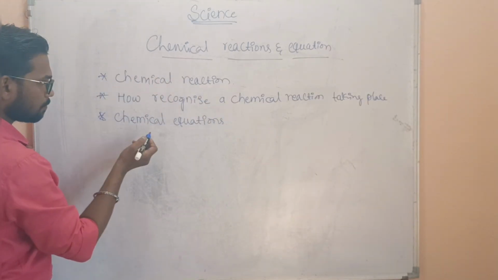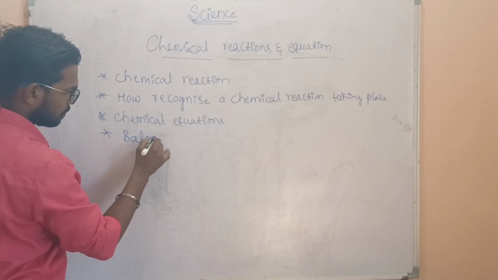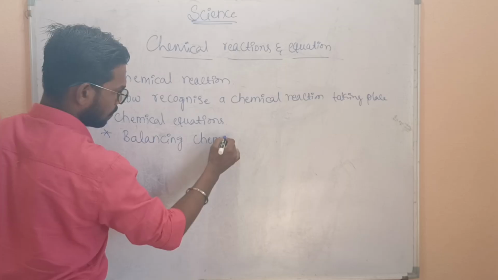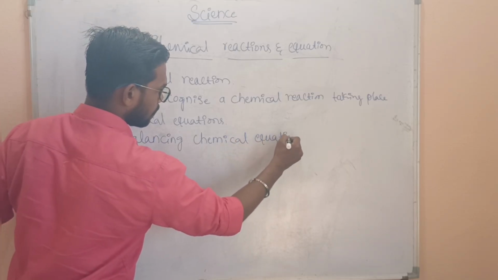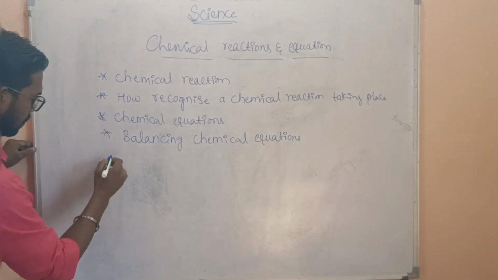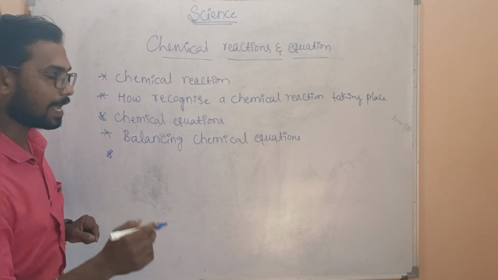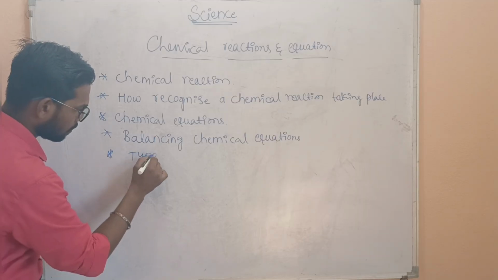And the next part of this chapter is balancing chemical equations. After this we'll study about the types of reactions which comes under this chapter.